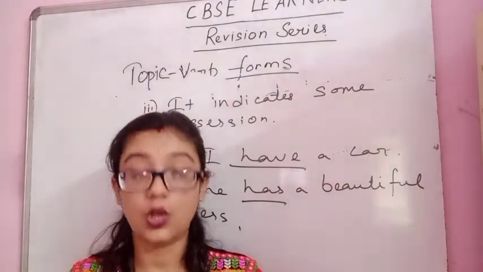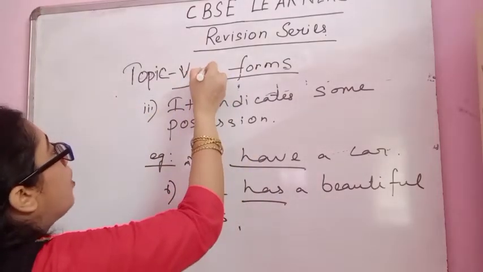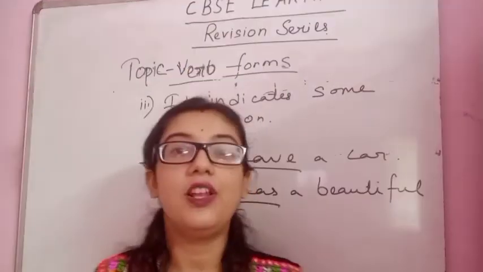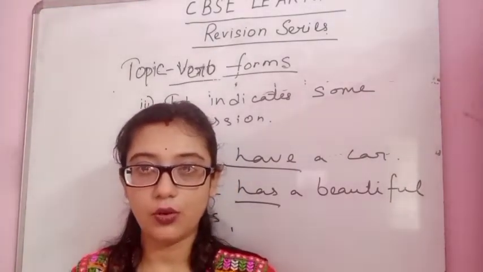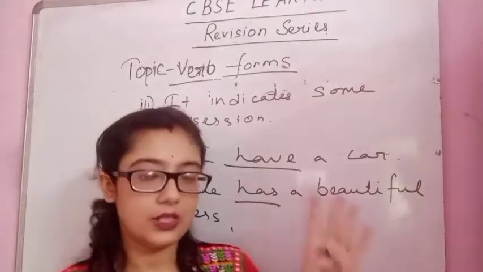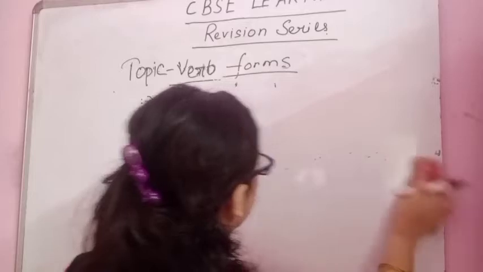Now we will go to the verb forms, our main target. We will learn about the verb forms. I have a separate video on auxiliary verbs. So first let me make the chart of the verb forms.